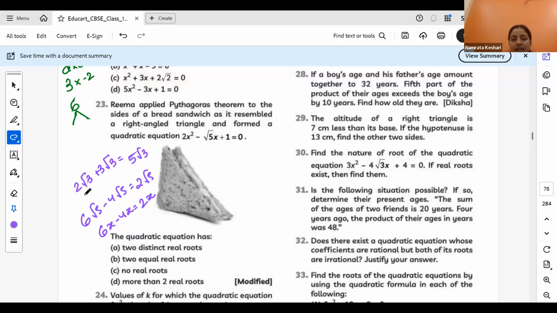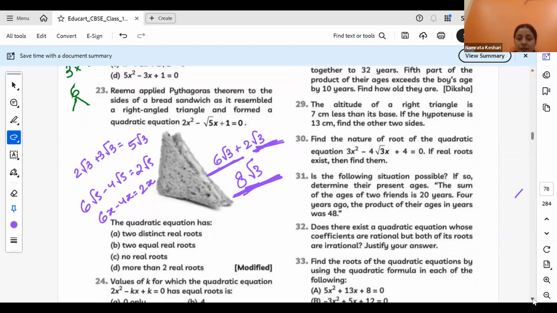So if you understand this logic, that 6 root 3 added with 2 root 3 will be 8 root 3, that means we are adding a number containing root 3 with another number containing root 3, and only then the answer is reflecting root 3. Are you getting it? Yes ma'am.